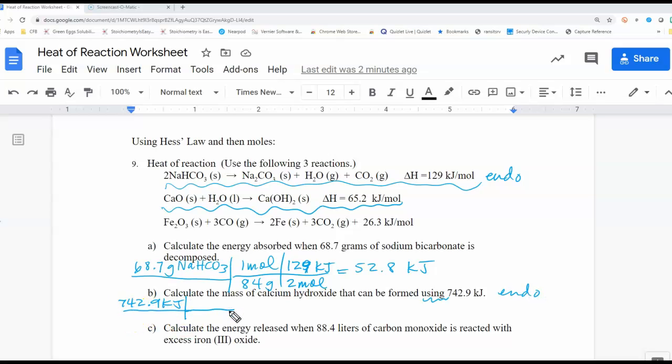I'm going to calculate that using the information in the problem, 65.2 kilojoules for every 1 mole, and I only have 1 mole in that balanced equation. So all I have to do is divide 742.9 by 65.2.